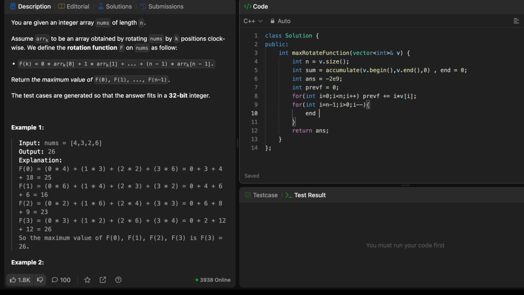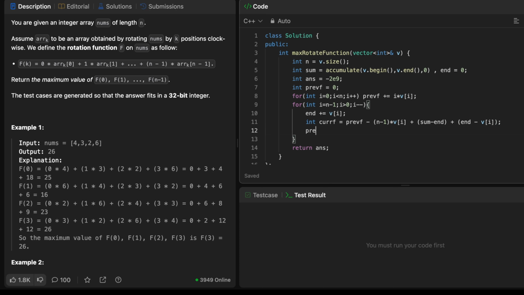First thing was we will take end and add v of i to it. Then the current f is prev f minus n minus 1 times v of i plus sum minus end and plus end minus v of i.